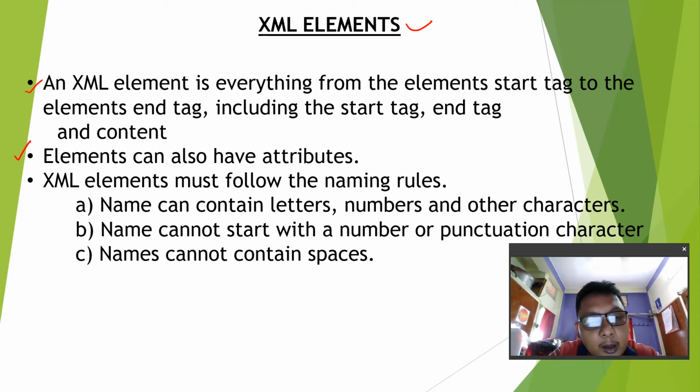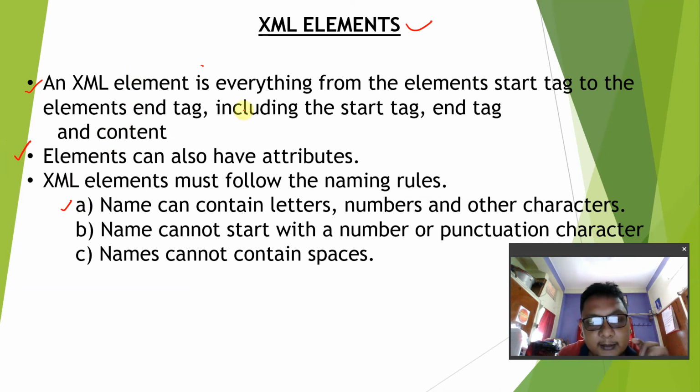XML elements must follow naming rules. The third point explains that while naming the tags in XML elements, there are some essential rules to be followed. The first rule, point A: names can contain letters, numbers, and other characters.